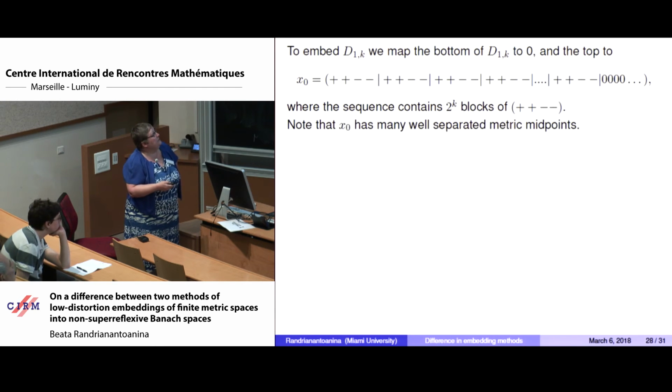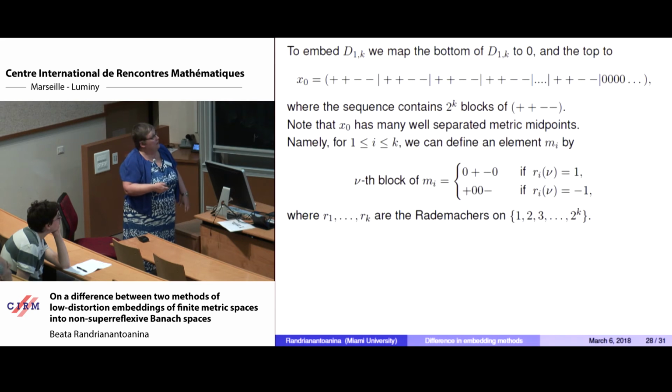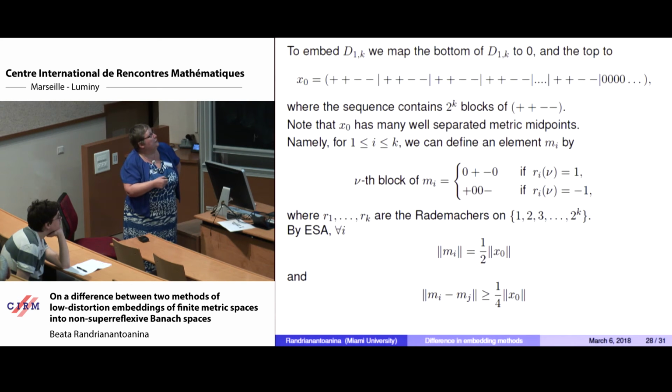So what we saw on the previous picture is that each of those blocks had 2 very nice metric midpoints which were far apart. And now I am going to multiply those midpoints, because in each block I will randomly select one of those 2 favorite midpoints. And if I use a Rademacher to select them independently, I am going to get a big bunch of midpoints where m_i will have this randomly selected midpoint in each block.